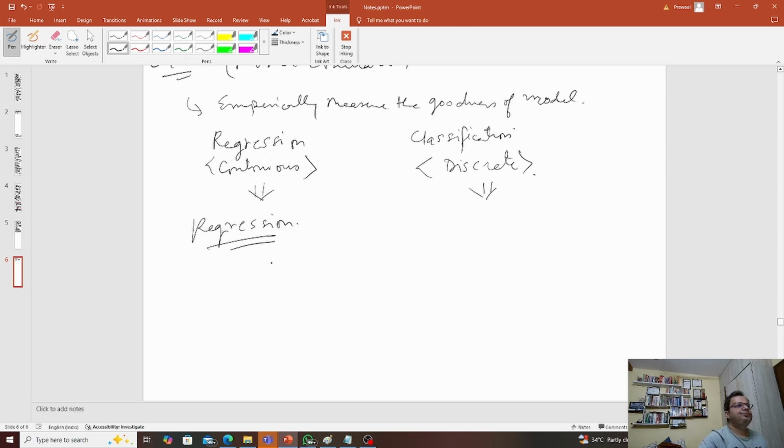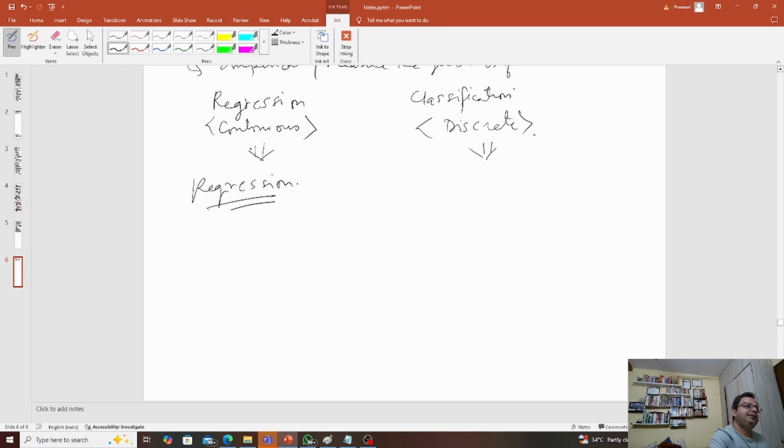Now, in case of regression models, your output is continuous. Let's suppose you are getting some output as yi hat. You have a set of variables, and then you find a function of those variables and predict the output.